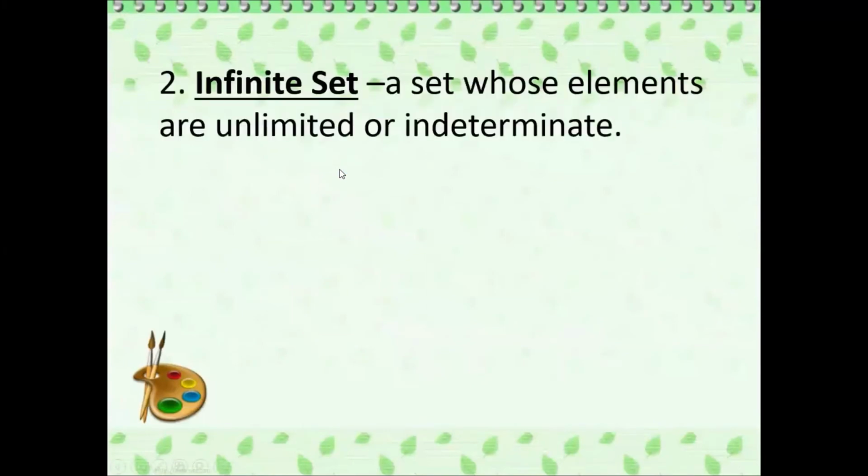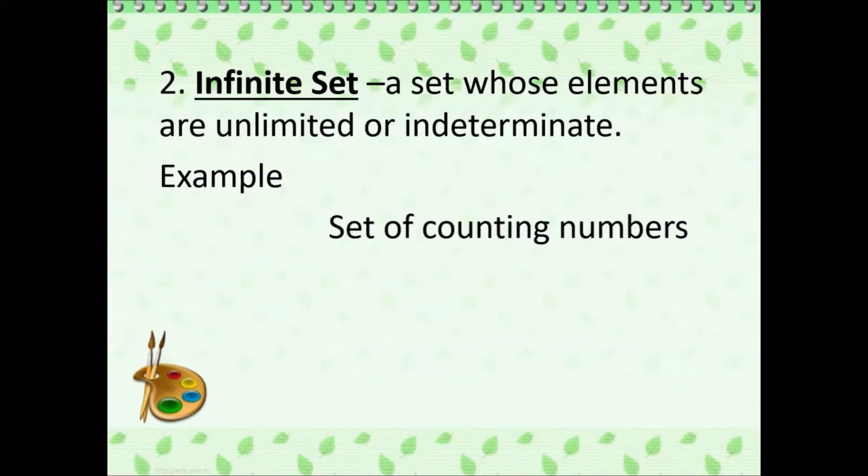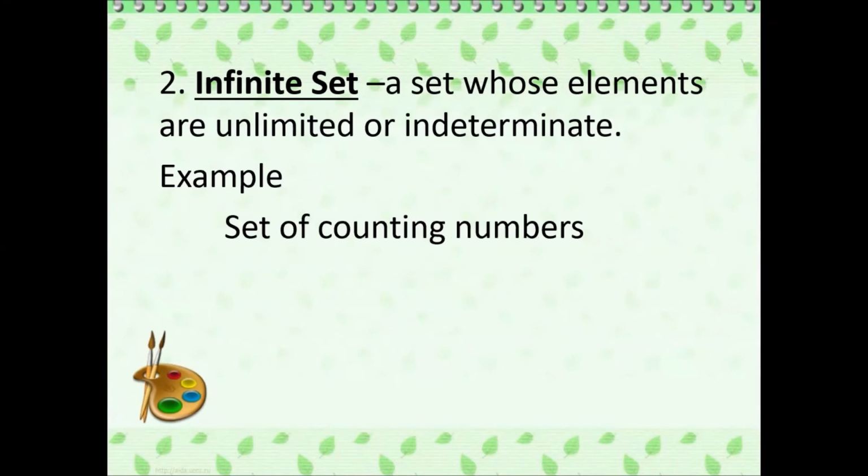Another kind is the infinite set, a set whose elements are unlimited or indeterminate. Example, the set of counting numbers. There is no exact number of counting numbers, so it is an example of an infinite set.